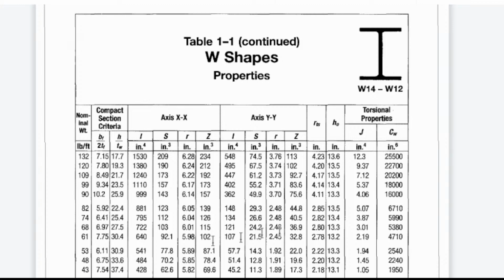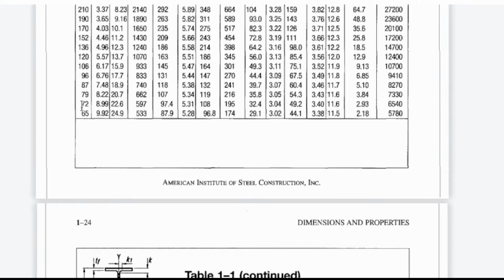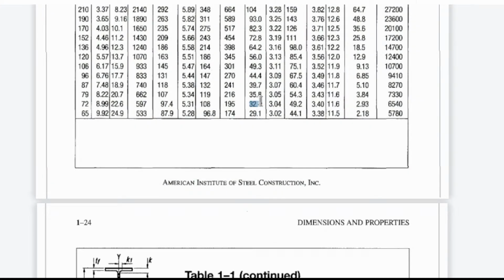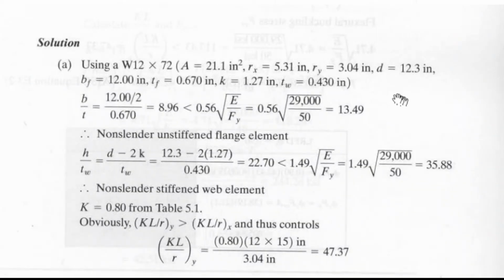The third, 4.3... Okay, so this is ry? Not that. The one above, 32.4, this one. Let us verify. ry is not 32, so that's wrong.